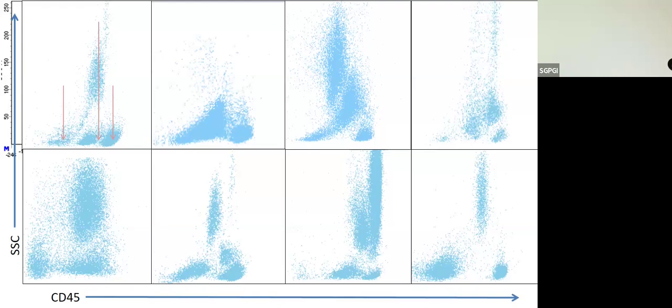So this happens with T-ALLs. T-ALLs usually have a brighter CD45 as compared to other blasts. Fine. So here what you see, you have a lymphocyte, you have these granulocytes, and you have a large population of cells over here.